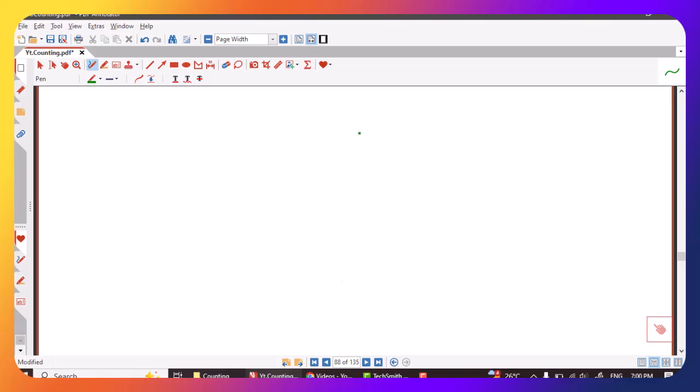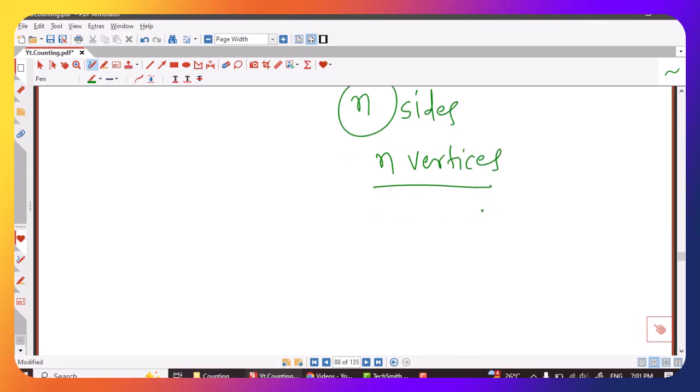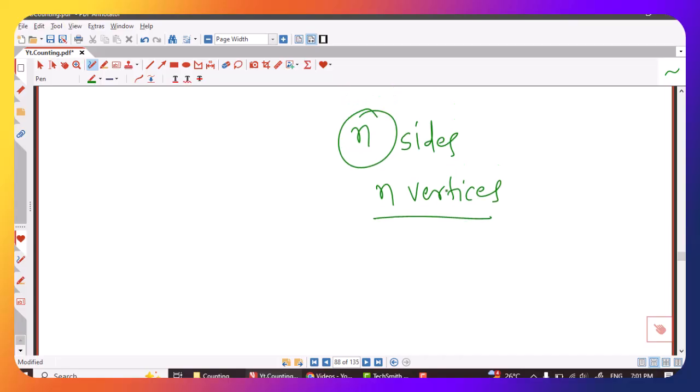Now suppose we have a polygon with n sides. So n is the number of sides, therefore we will have n vertices. First we find out how many straight line segments are possible by joining 2 vertices out of the given n vertices.